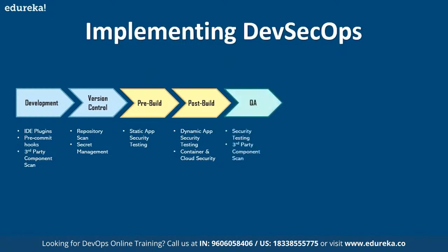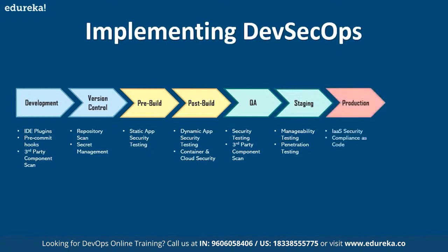Quality and QA, during QA check, we will have a look at the security testing. Third-party component scan shall be conducted again. Staging. At the staging stage, we'll have a look at the manageability testing and the penetration testing. Production.